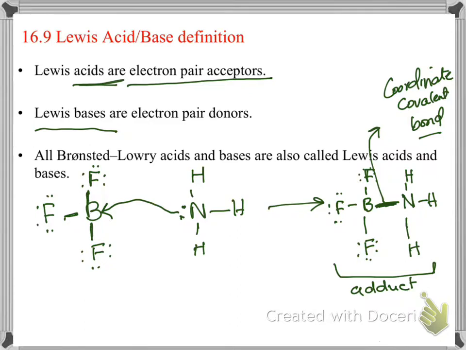It is very important to know that all Bronsted-Lowry acids and bases are Lewis acids and bases, but not all Lewis acids and bases can be defined by the Bronsted-Lowry definition.